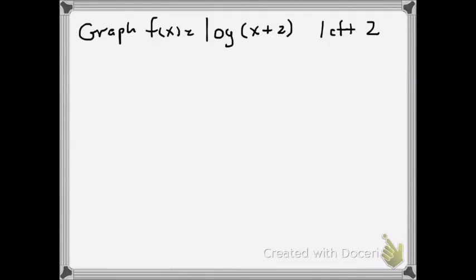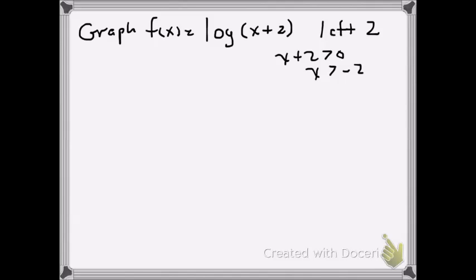Now let's do a transformation of a log graph. Here we're going to do a common log graph with the argument x plus 2. That's in parentheses, so we know the graph is going to be translated to the left by 2. To get the domain, x plus 2 greater than 0, x greater than minus 2.